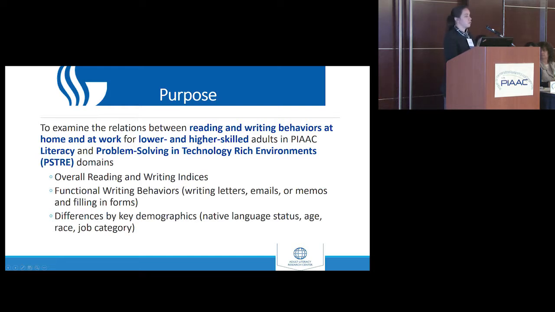So we're describing functional as skills used every day. And so particularly we're focusing on writing letters, emails, or memos, as well as filling in forms. And particularly we're interested in those categories in terms of differences by different demographics. So I'm not going to present all of these different demographics, but we did look at in our paper native language status, age, race, and job category.